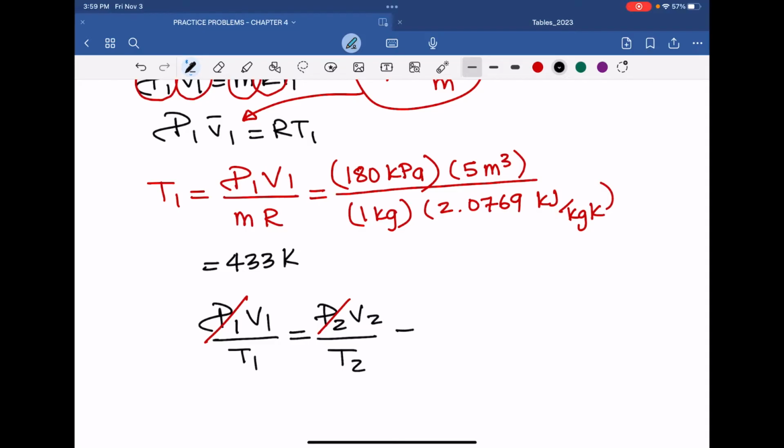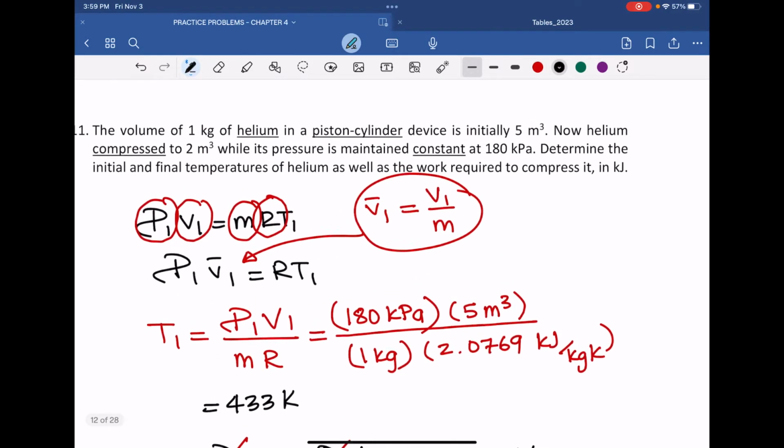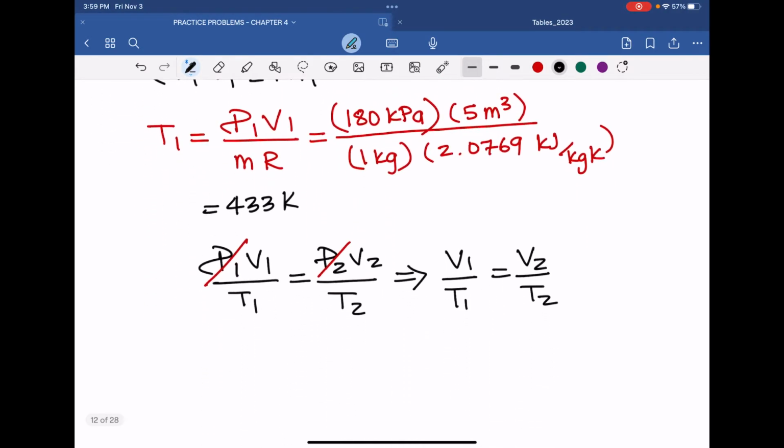And what happens here is V1 over T1 is equal to V2 over T2. Now we know T1, we know V1, and we know V2, and you can calculate T2 from there.